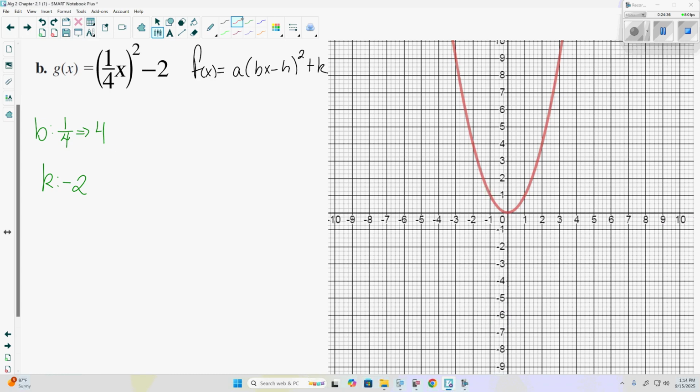Since the value of B is 4, it does tell us that we have a horizontal stretch of 4. And the K tells us we are going down 2.